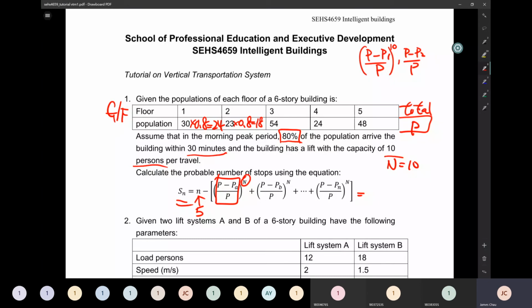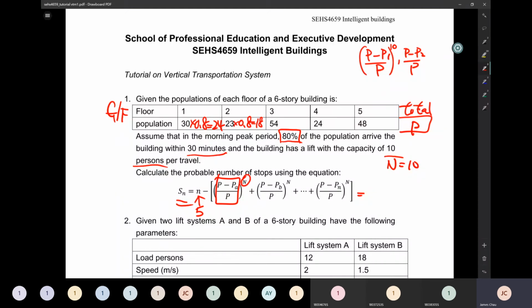Now this question I leave to you as an exercise, and when you complete it, you may submit it to Moodle. I will create a link to collect your solution to check whether you made it correctly. This is question 1.